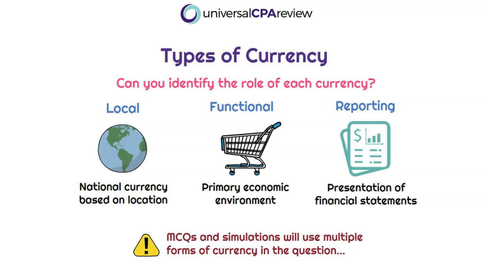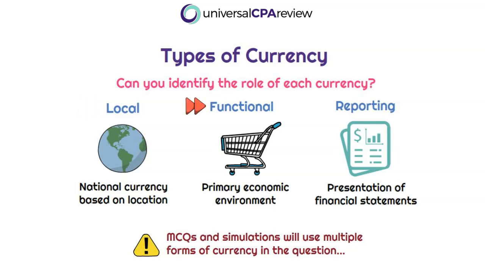Those are the three that we definitely need to know. Now, the local currency is going to be based on the national currency of their location. So wherever the company is located, whatever currency is considered the national currency would be the company's local currency.